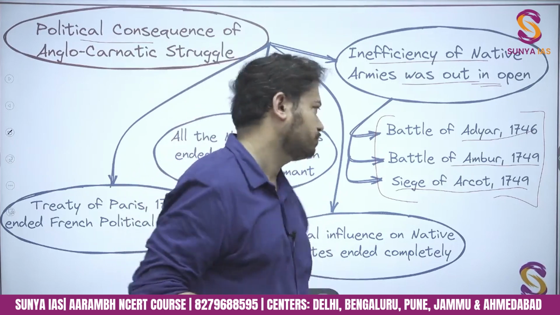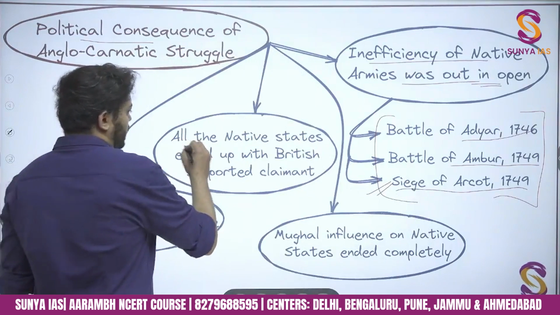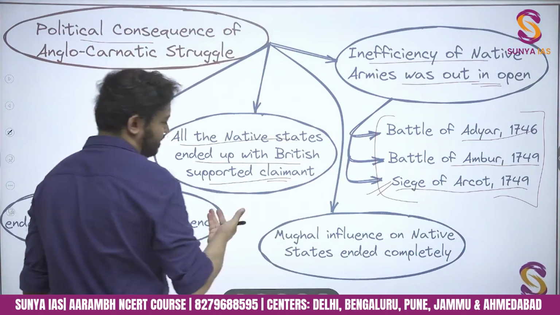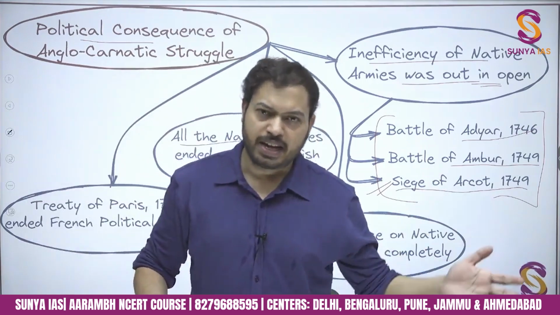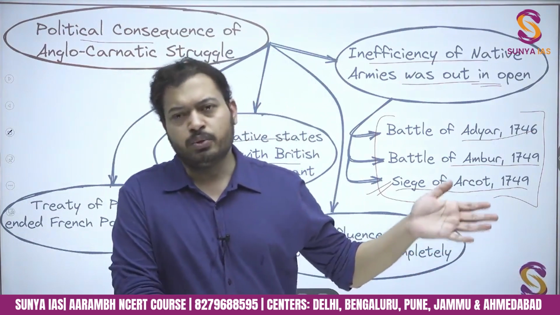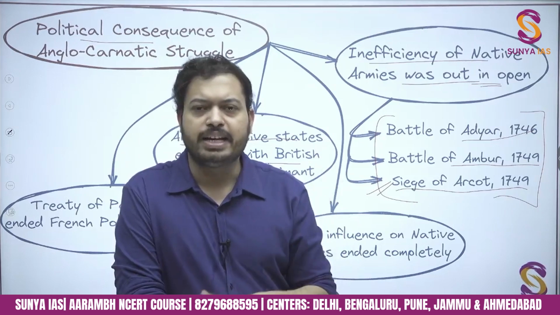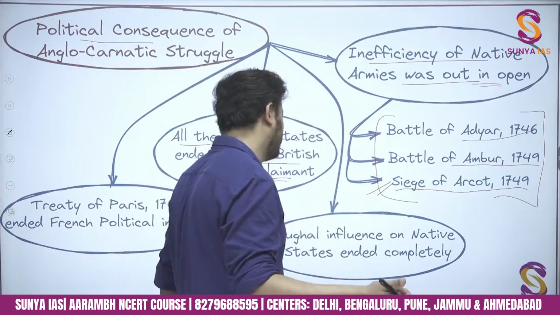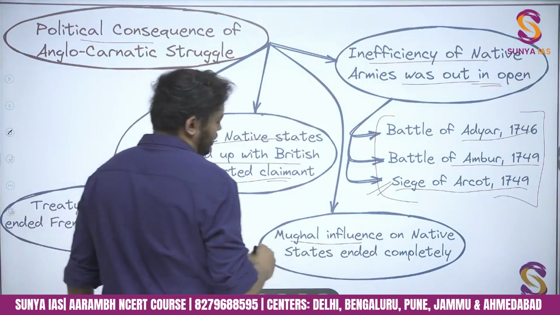Now all the native states ended up with the British supported claimant, and this is obviously understood. Even in Hyderabad, the new Nawab was more of a neutral guy, and Carnatic anyway ended up in the hands of Muhammad Ali Walajah, the son of Anwaruddin, who was the British supported claimant.